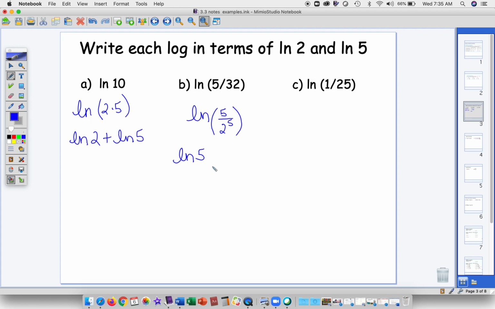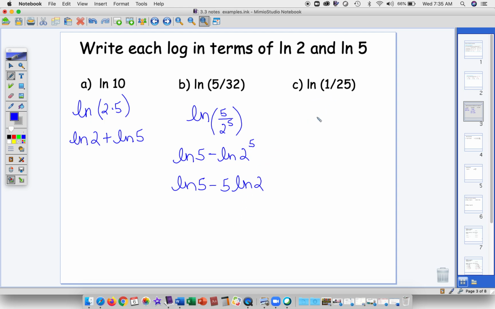So it's the natural log of 5 minus the natural log of 2 to the 5th. And now I can use the power property for this one and change that to the natural log of 5 minus, bring the power out front, 5 times the natural log of 2.